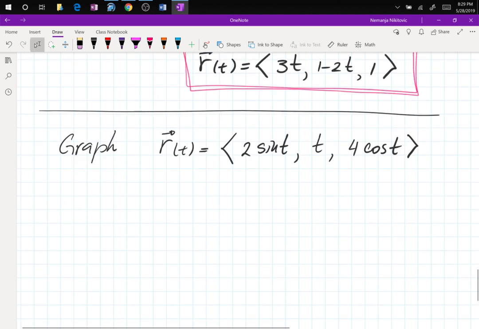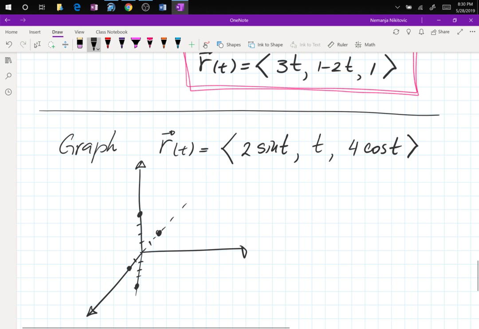So to graph this, we would wrap it around the y-axis. So for the x-axis, we're going to keep 1, 2 units. Z-axis will have 1, 2, 3, 4.